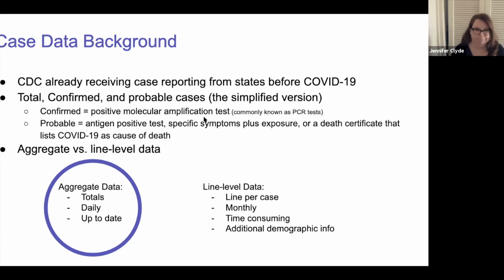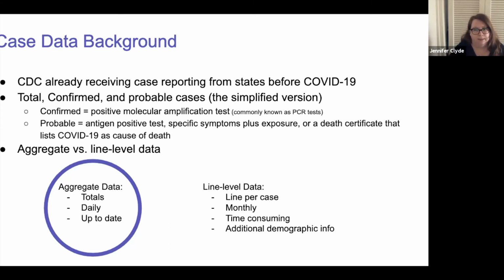Total cases, of course, is a combination of all the cases reported by a jurisdiction, confirmed, probable, or unknown. The CDC publishes two main types of data about these metrics: aggregate data and line level data. The aggregate data includes just the total numbers of cases by jurisdiction, as well as totals for confirmed and probable cases, and is updated daily.